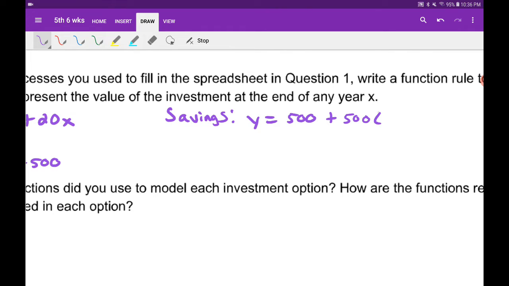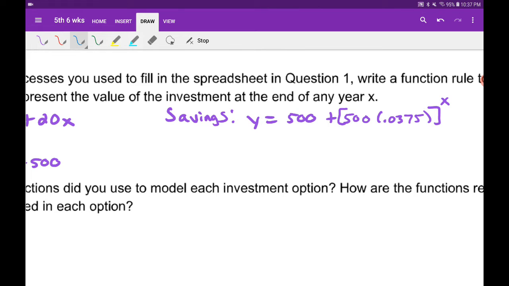Let's use a parentheses. 500 times 0.0375. And then all of this here is to the x power, which is actually another bracket here.